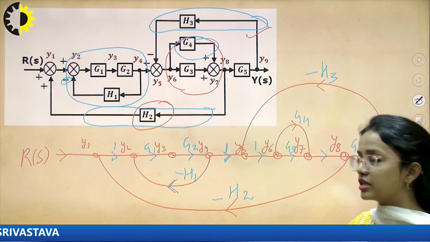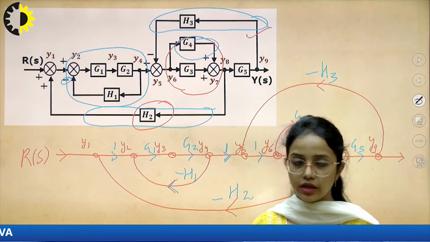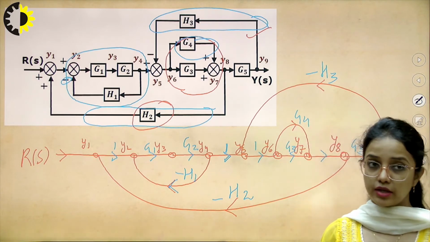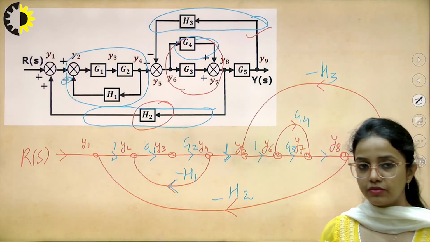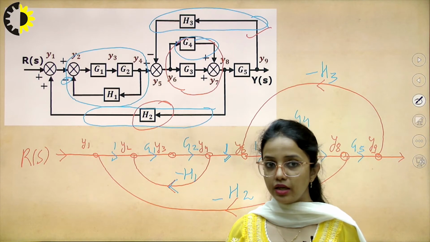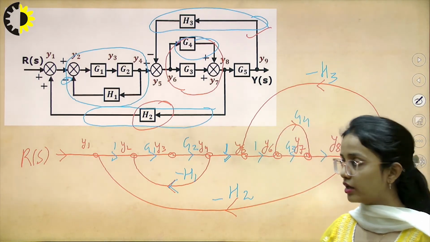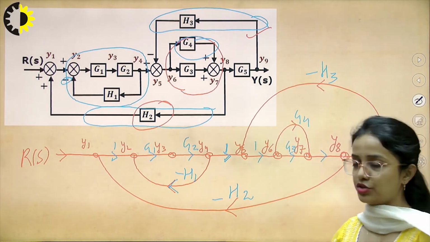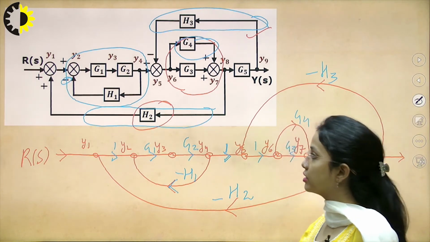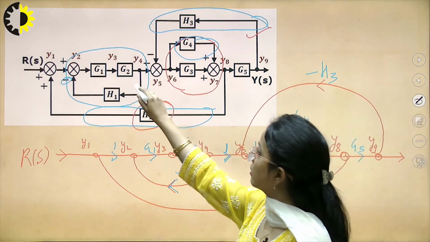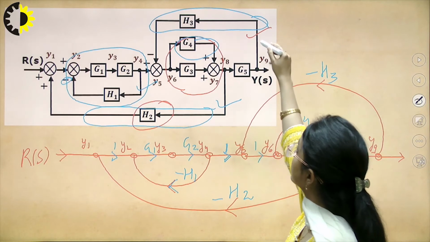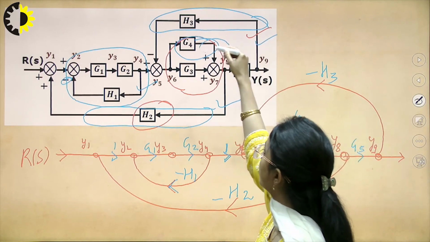If the gain is say g1, g2, g3, we'll write that one. If there is no gain, that is simply 1. Then we'll start making the branches other than the mainstream branch. Meaning there is this feedback, this feedback, this feedback, and then this one is a parallel path.